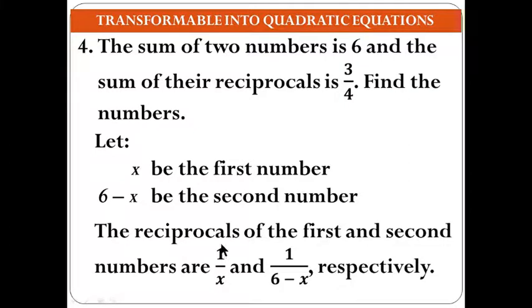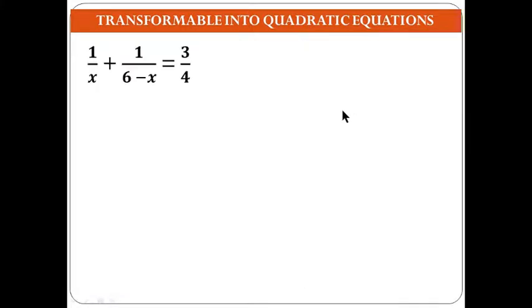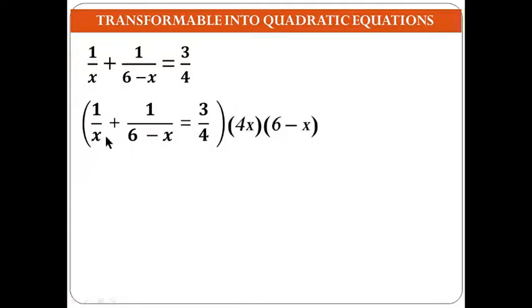So tandaan, ito yung ating magiging equation: 1 over x plus 1 over 6 minus x is equal to 3 over 4, dahil sum po yung ating given. Then next, gaya ng ating ginawa sa first 3 examples, identify muna yung ating LCD. So yung LCD dito ay 4x times 6 minus x.